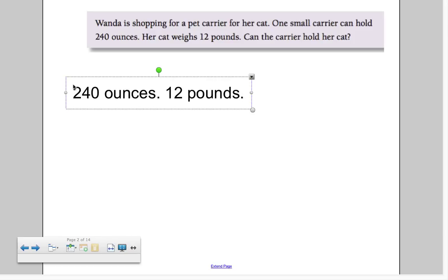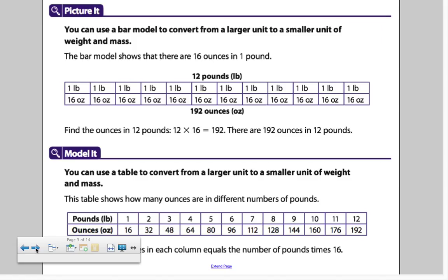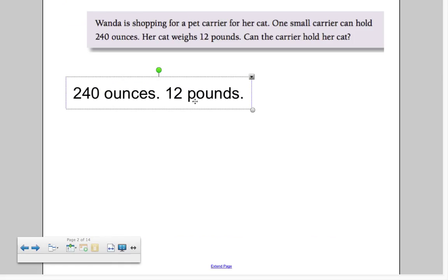Well, if you look a little further down on page 210, you see a little chart under Picture It. Do I have it in the homework help? I do. The bar model shows that there are 16 ounces in 1 pound. So look back at the question.